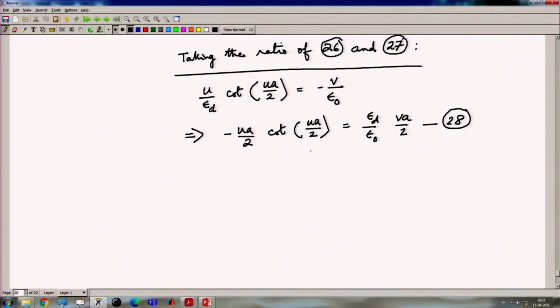So, equation 28 can be recast totally in terms of k z, replacing u and v, which will yield a single equation in k z from which k z can be obtained. This is the characteristic equation for determining the k z and the cutoff frequencies for the TM even modes.